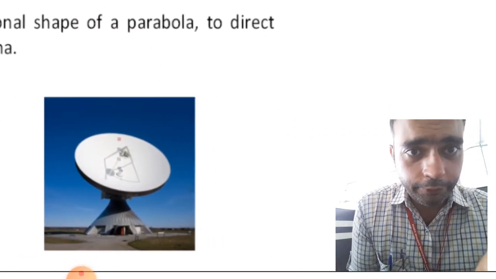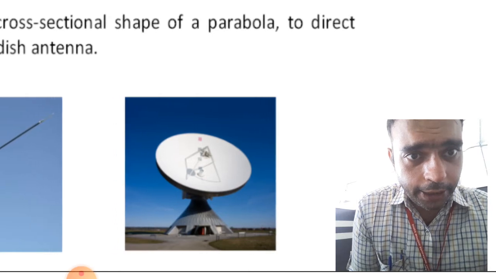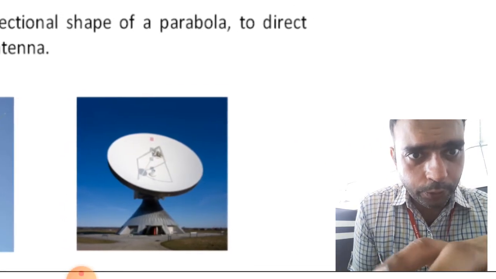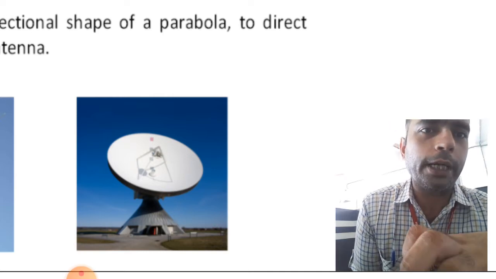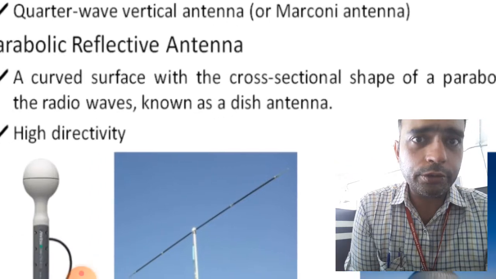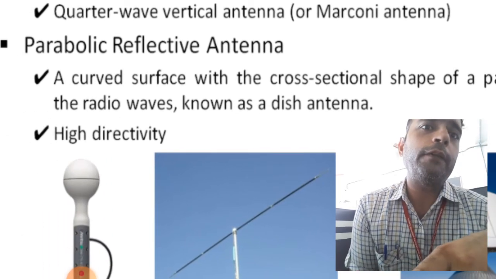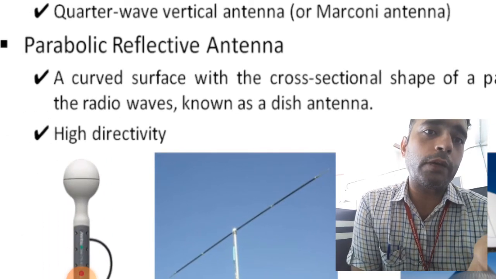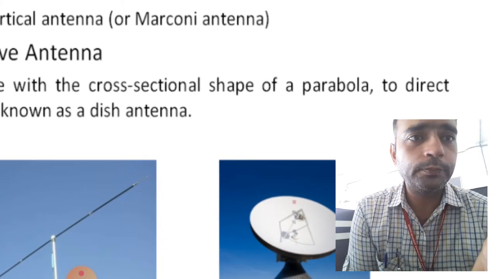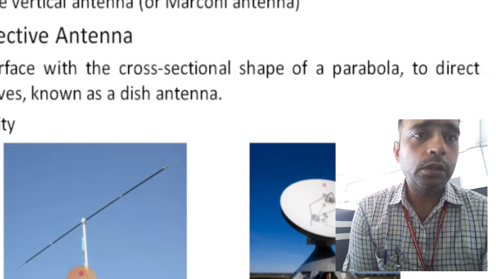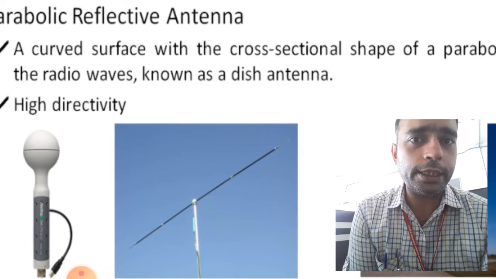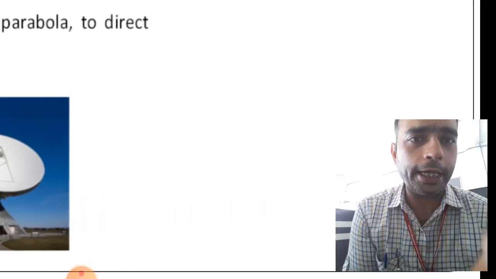This one we are able to see is a dish type of antenna, right? The look is like a dish antenna here. So this is the parabolic reflective antenna, in which a curved surface with a cross section of a parabola is used for directing the radio waves, known as a dish antenna, and higher directivity is given here.